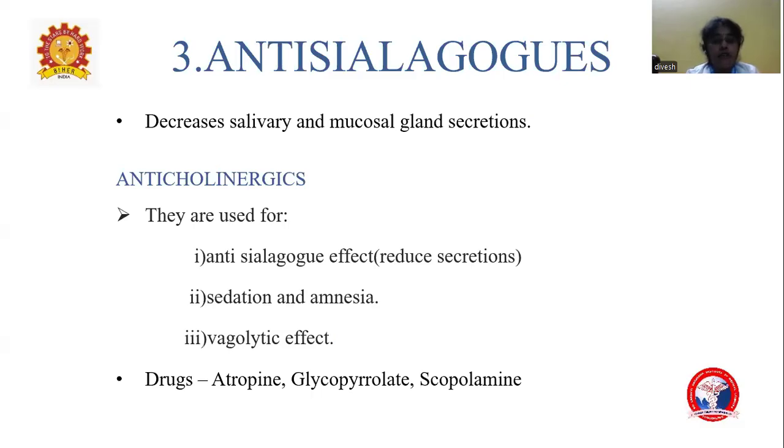Next, we are going to see about anti-sialagogues. What is an anti-sialagogue? It decreases the salivary and mucosal gland secretions. So as anti-sialagogues, we are going to use anticholinergic drugs. Anticholinergics are used for their anti-sialagogue effect, and they also provide a sedative and amnesic effect, and a vagolytic effect.